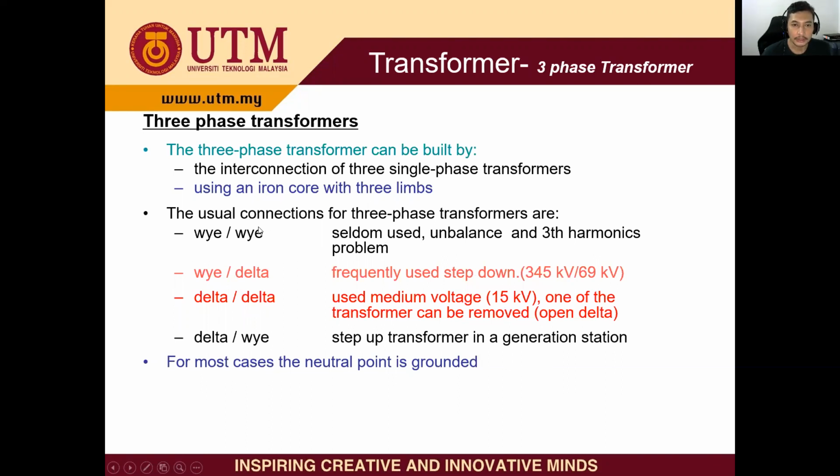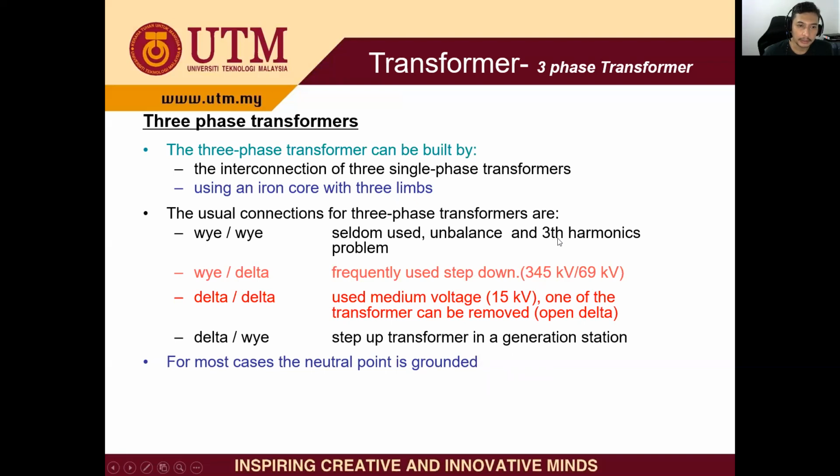The usual connection of the three-phase transformer is Y, meaning that this is the primary and this is the secondary, so Y-Y connection. But this connection is seldom used because it is easily unbalanced, and we have the third harmonics problem.